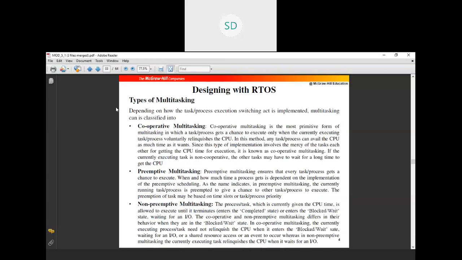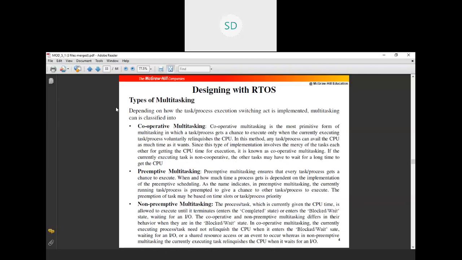Basically, there are different types of multitasking. The first one is cooperative multitasking, the second is preemptive multitasking, and the third is non-preemptive multitasking. In cooperative multitasking, a task or process gets a chance to execute only when the currently executing task or process voluntarily goes off.